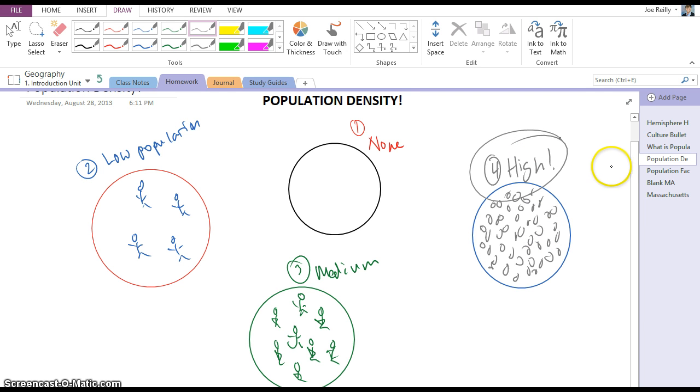The country with the second highest would be the medium country, and then the third highest would be the low population country, and then of course our guy here with no population would have the lowest population density.